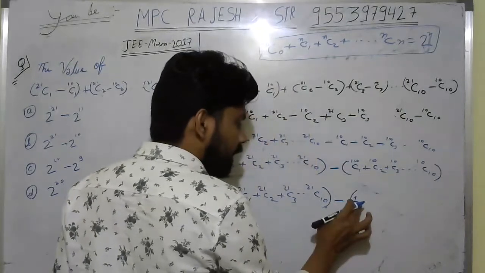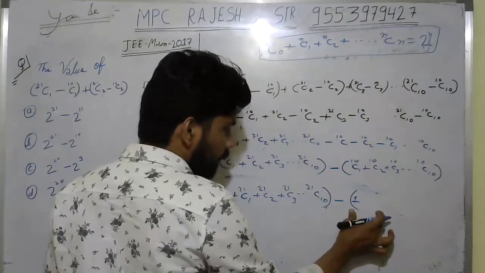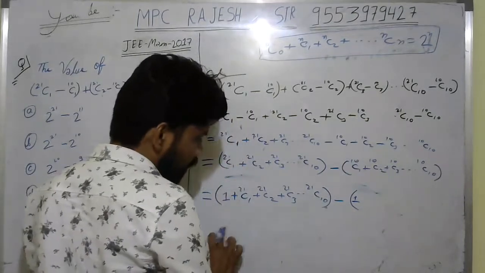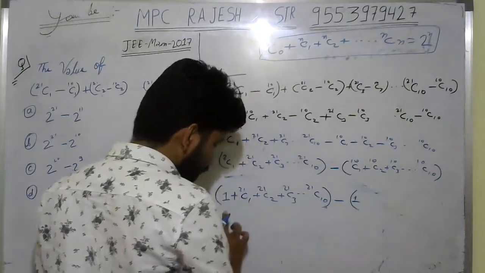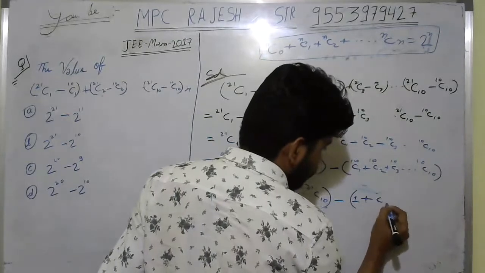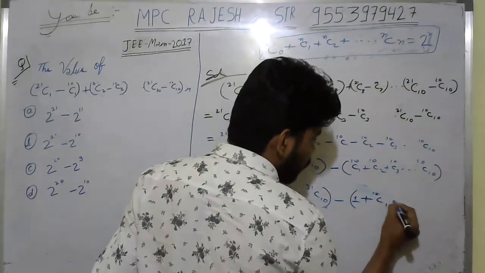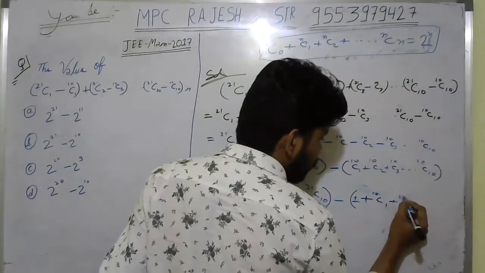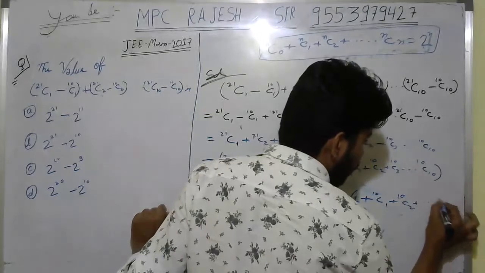Inside the bracket we write plus only, but when I open the bracket, the sign will not change here, it stays plus, while the minus after opening the bracket gives minus 1. So minus 1 and plus 1 cancel. We are adding plus 1 minus 1, which is 0, so the value will not change. Then C(10,10).